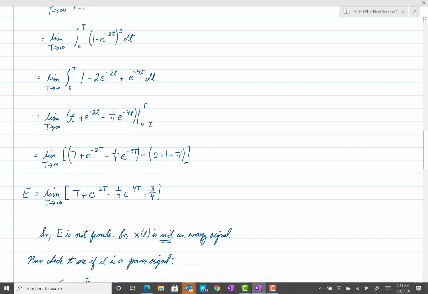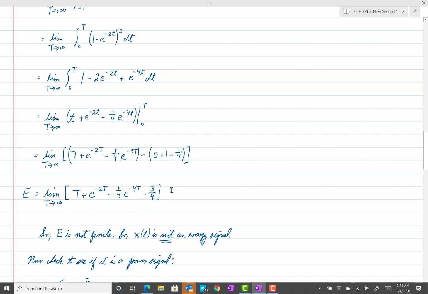And then at the lower limit of 0, t is 0, and e to the minus 2 times 0 becomes 1, minus 1/4 of e to the minus 4t becomes minus 1/4 e to the 0, which is minus 1/4 times 1, or minus 1/4. And so this is what we have. And then to gather all these terms together, we get this expression for E.